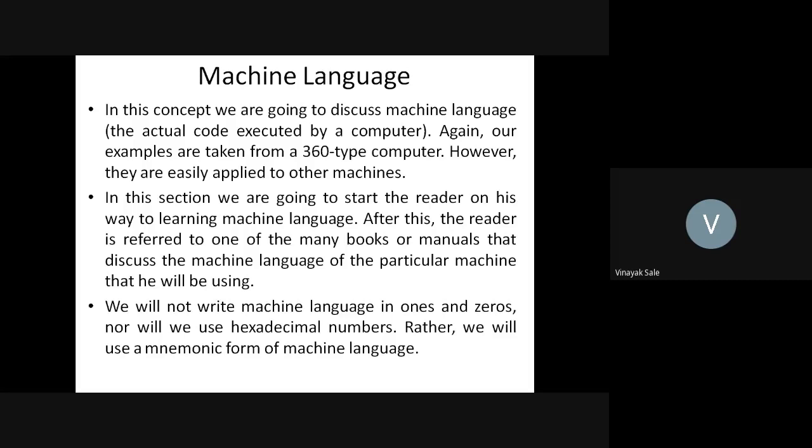So we are going to start the reader on this way of learning machine language. We will not write the machine language in ones and zeros format, nor in hexadecimal numbers; rather, we use a mnemonic form of machine language.